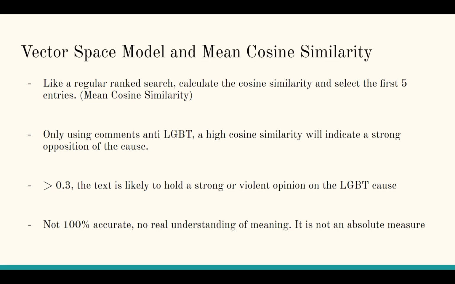And by only using comments that are against the LGBTQ cause, a high mean cosine similarity will indicate a strong opposition to the cause. And after some testing, we found that if this mean cosine similarity is above 0.3, the text is likely to hold a strong or violent opinion of the LGBTQ cause.